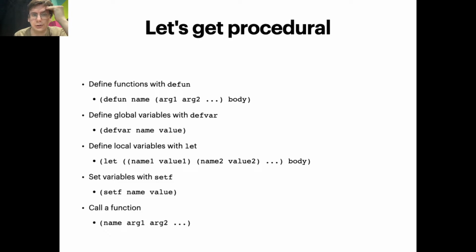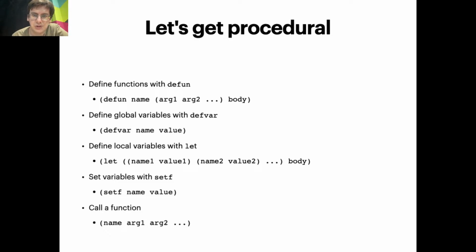Then we can define global variables with defvar with the name and the value, which is a form that gets evaluated to the actual value. Then we have local variables that we can define with let.